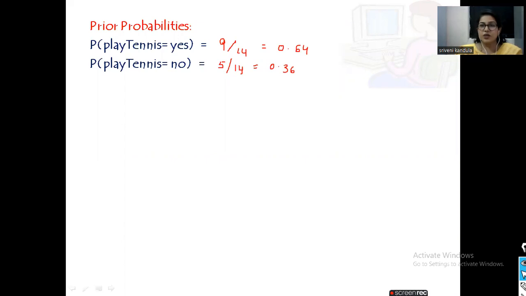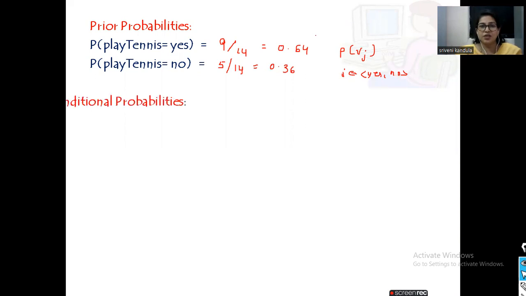So this is how we compute the prior probability. This is nothing but P of Vj, where j belongs to yes or no. So two alternatives we have. We computed the probability of the occurrence of the event with respect to yes and the probability of occurrence of the event with respect to no. So both prior probabilities we computed.